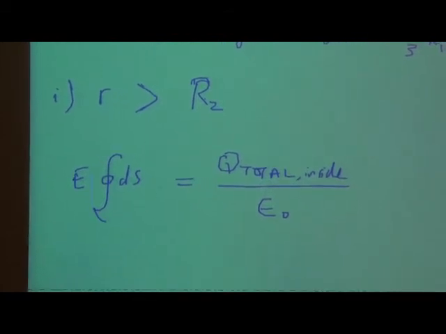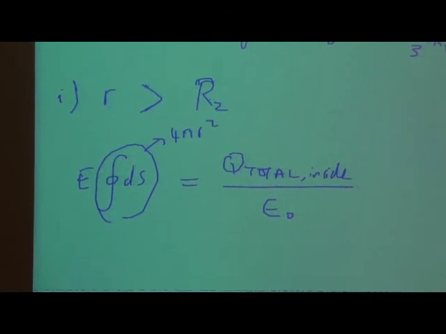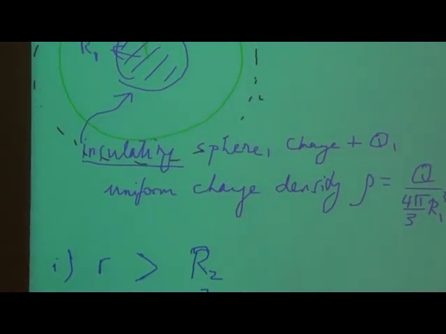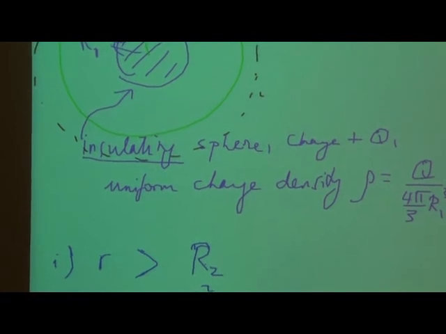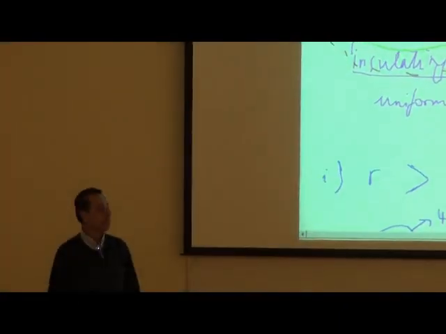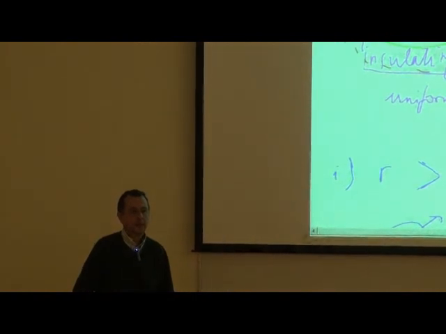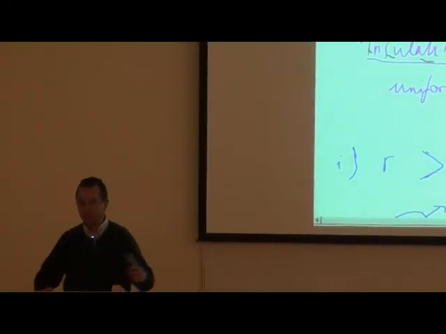This is 4 pi r squared. What is the total charge inside this big sphere? What is the total charge inside that big sphere? 0. Thank you. Bravo.